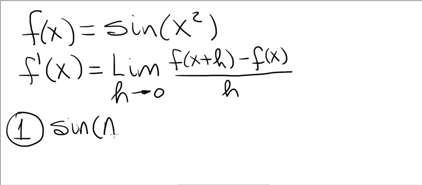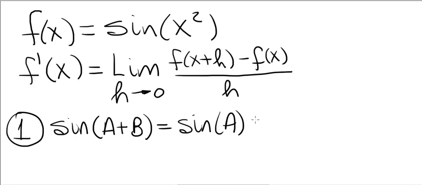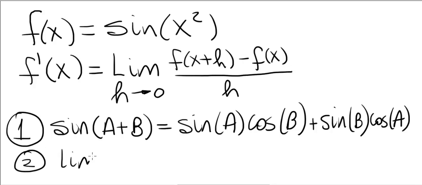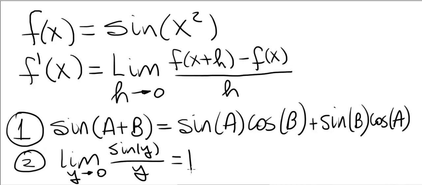The first is the trig identity: sine of a plus b equals sine of a times cosine of b plus sine of b times cosine of a. The second result we'll need is the limit as y approaches 0 of sine of y divided by y equals 1.